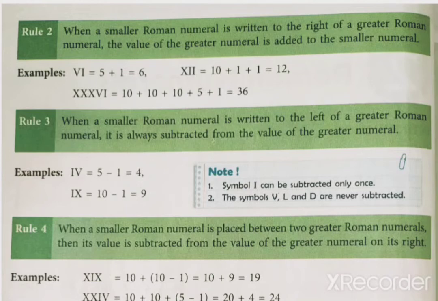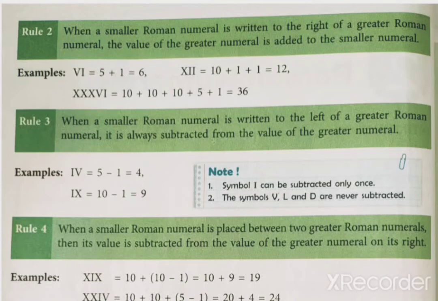So how does it come? We subtract the value from the greater Roman numeral, like 10 plus 10 minus 1. 10 minus 1 is 9. If you know the symbol of 9, you can write it directly also. X is for 10 and 9 is IX. If you don't know, then subtract and then write the value of 9.